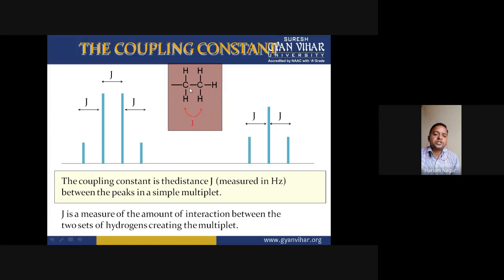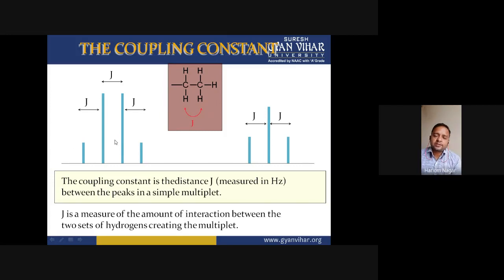So to reach the required field on these protons, we have to increase the applied magnetic field. Then they will feel sufficient magnetic field. This is the reason why this signal appears on the upfield side. So this is the pattern of splitting of a signal into various peaks.